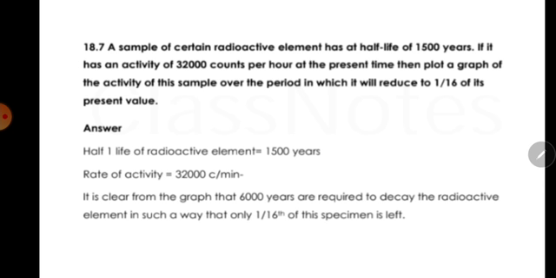A sample of a certain radioactive element has a half-life of 1500 years. Half-life is what? 1500 years. Rate of activity is 32,000 counts per hour. Plot a graph of the activity of this sample over the period in which it will reduce to 1/16th of its present value. 1/16 is equal to 1 divided by 2 power 4.